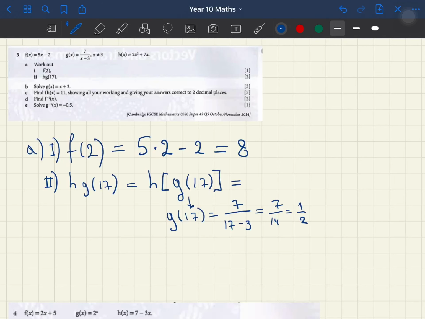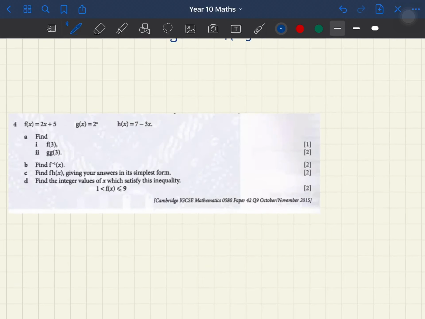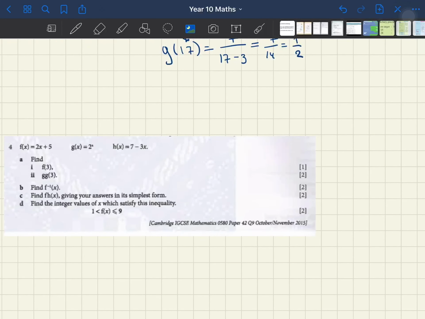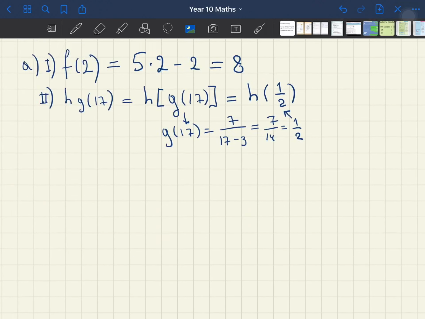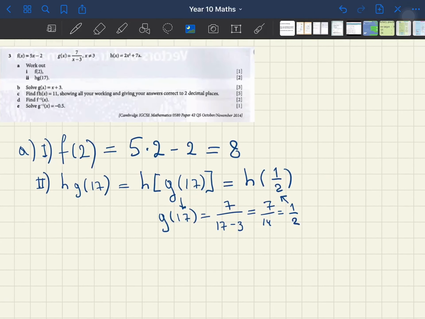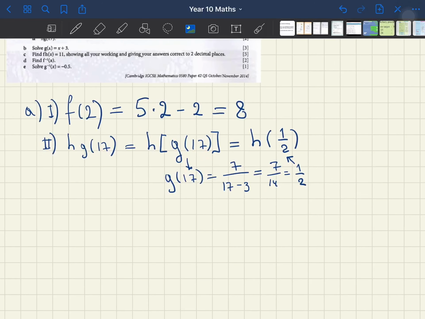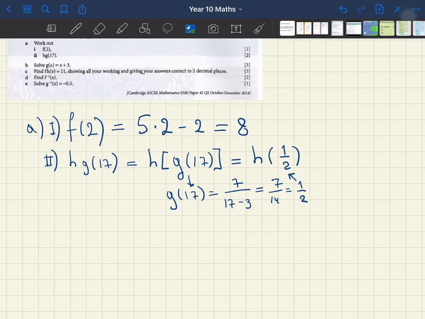So this is equal to h of 1 over 2, it comes from here, because g of 17 equals 1/2. I think actually you can just do this question, because they're both pretty similar, and they both take quite a long time to do.